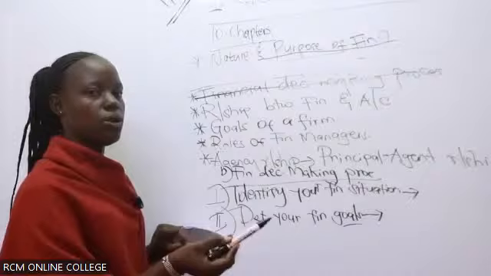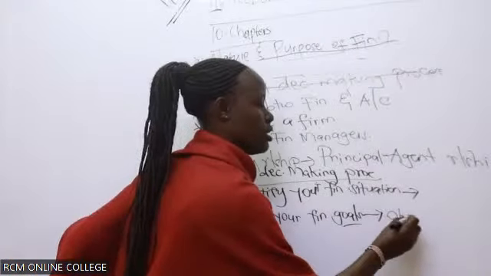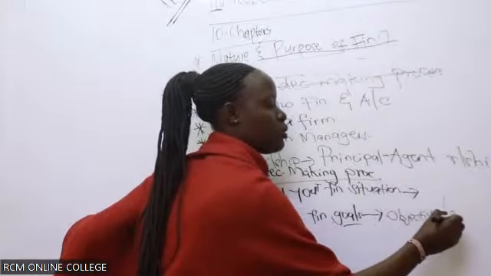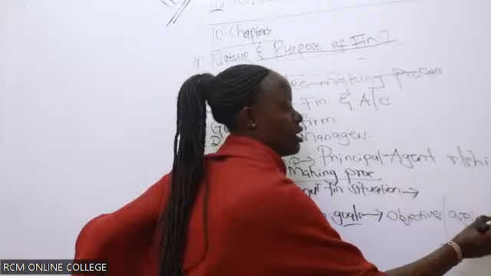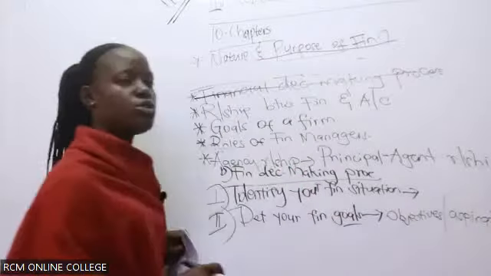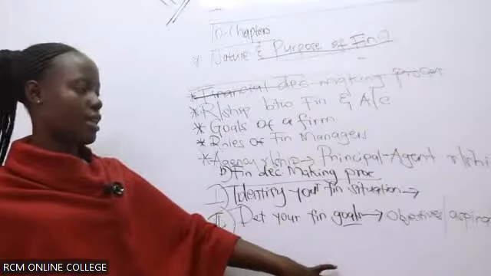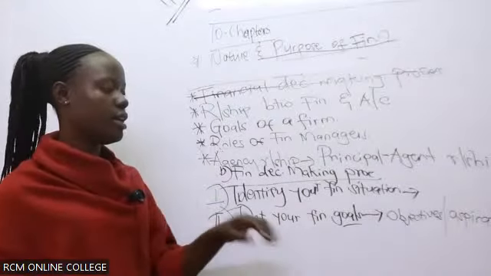Determine your financial goals. These are your objectives, or what you aspire to achieve, your aspirations. What do you aspire to attain? The goals can be both long-term and short-term in nature.